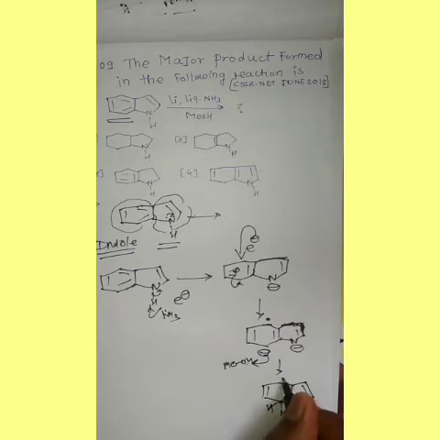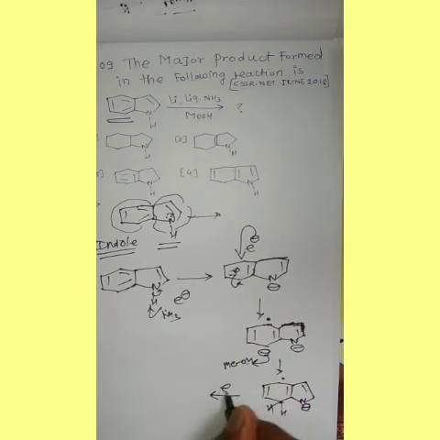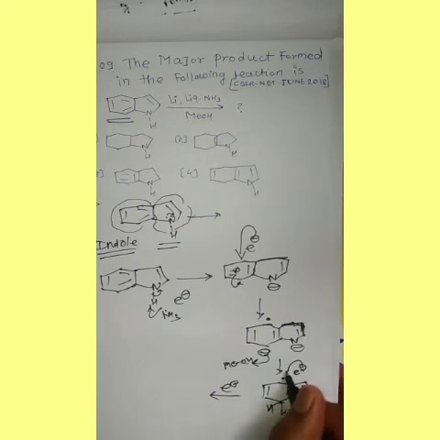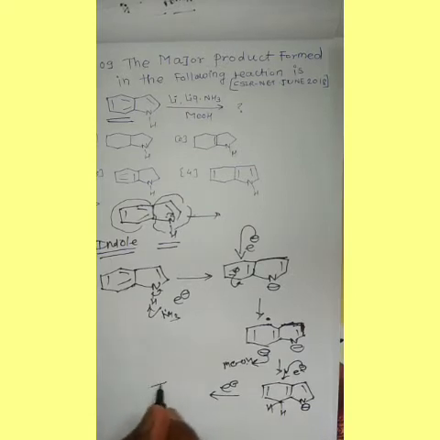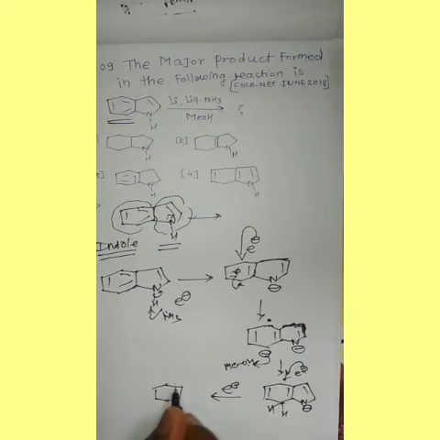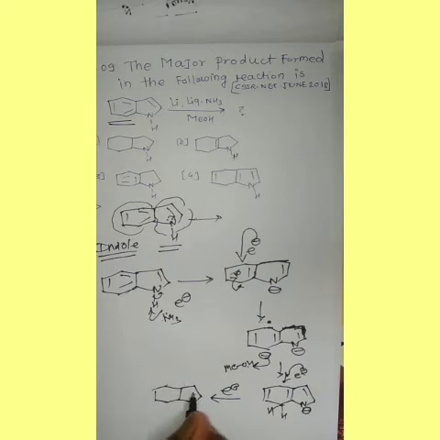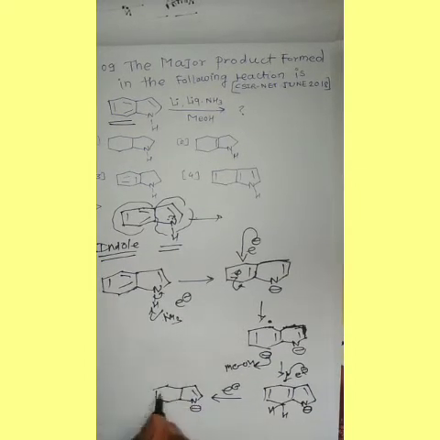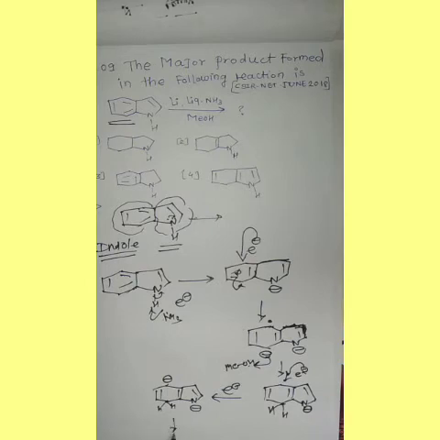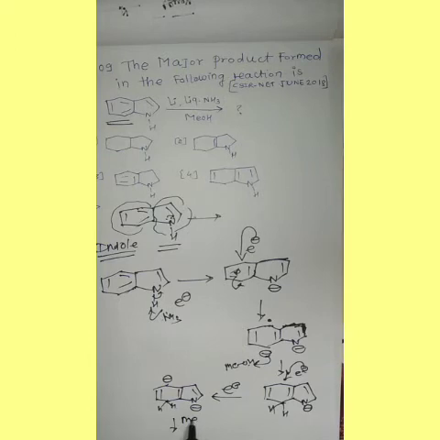We get this negative charge. Again, a second electron at these positions forms the anion, and it abstracts the proton from methanol.